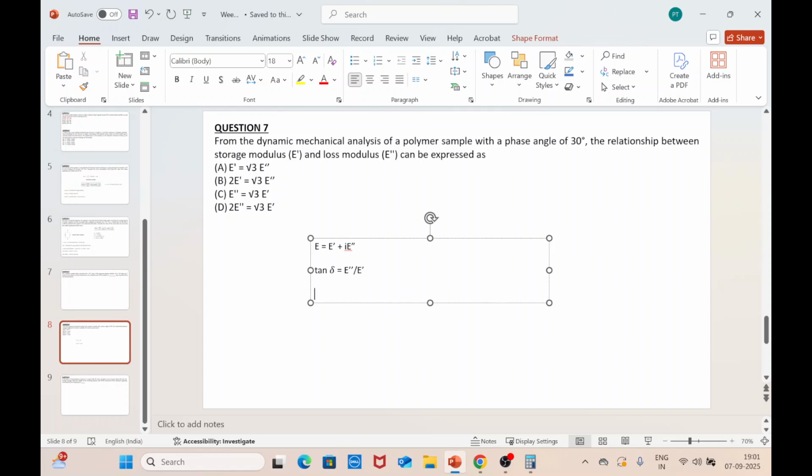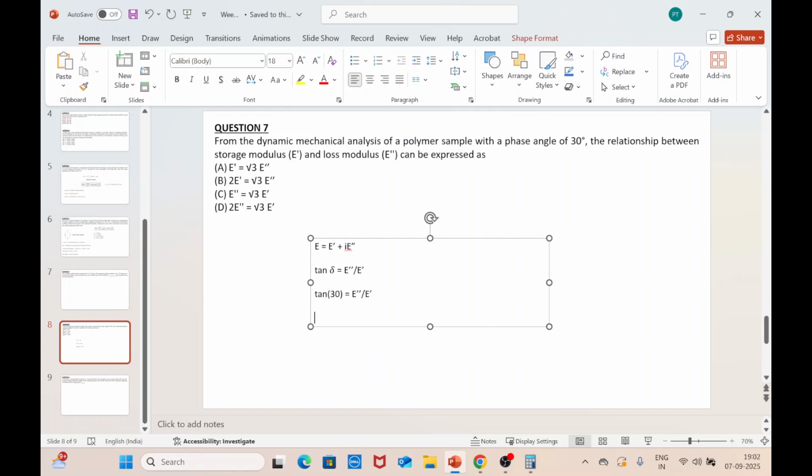Now based on this you are supposed to express the relationship. So what would be the answer? It's just a simple question. You just need to substitute. Can you write this as tan 30 is nothing but the loss modulus by storage modulus.